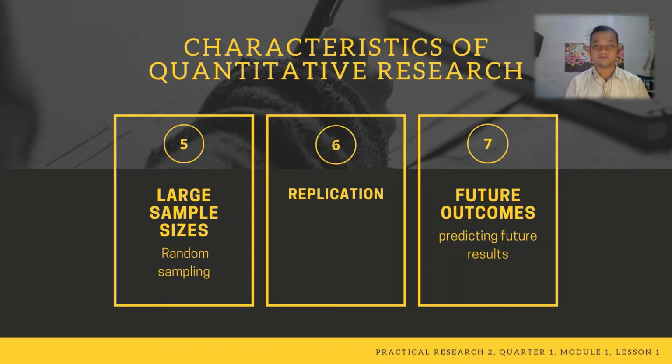So I don't see any problem with that because quantitative research has that characteristic of replicability. Number seven, when you say quantitative research, it also can predict future results. That's why research is used in all fields such as science, education, business, and the like.